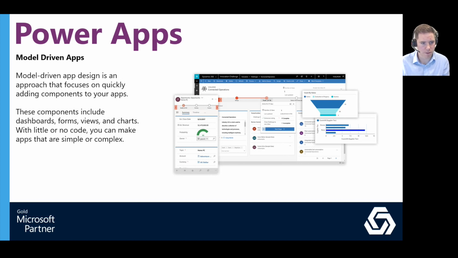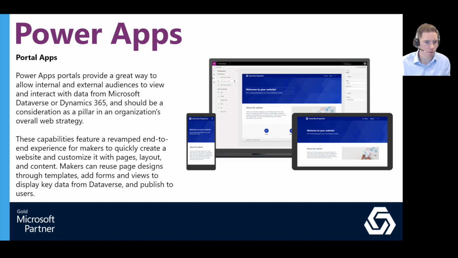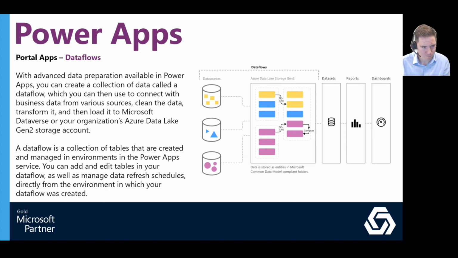So you can use it on a mobile device. You just can't change the form factor and the design of the application itself. And then portals, again, you can access it using a desktop PC, a tablet PC, or a mobile, but it's a website. You're able to customize how these buttons look and feel, and the menus available within them.